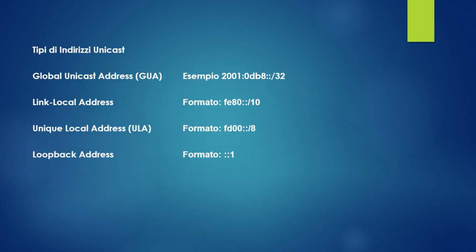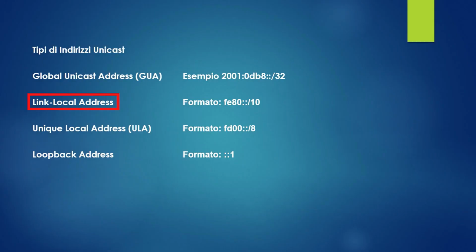At this point, let's look at unicast addresses. So we have GUA, which are, just to be clear, nothing more than public IP addresses, and they usually start with the numbers 2001, 2002, 2003, and so on. Then we have the link local address. Link local addresses are used for communication within a single network or link.